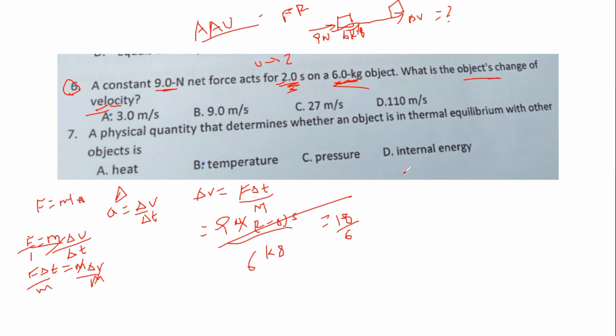So, Newton's formula: mass times acceleration is force, so the unit is kilogram meter per second square. Then we put 18 kilogram meter per second square times second over 6 kilogram.